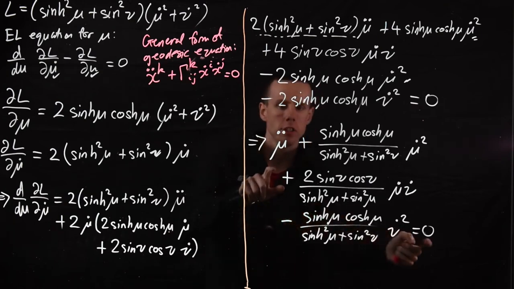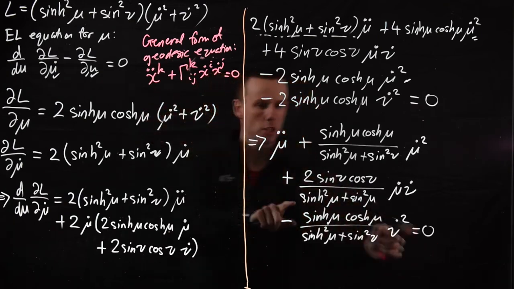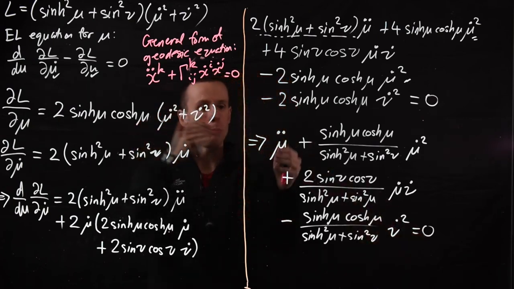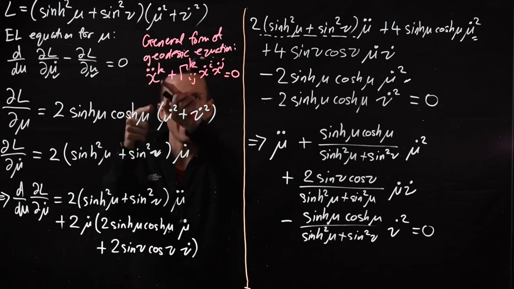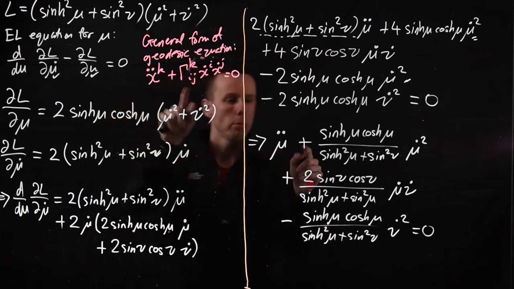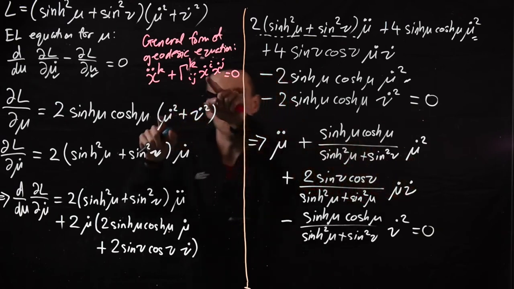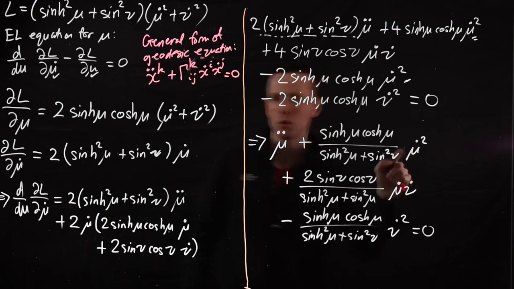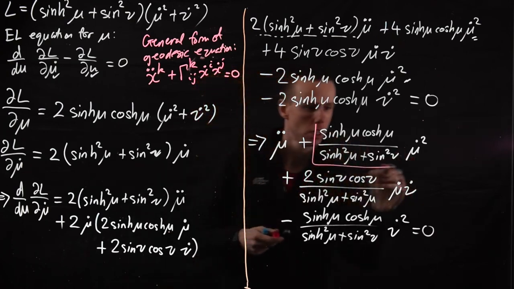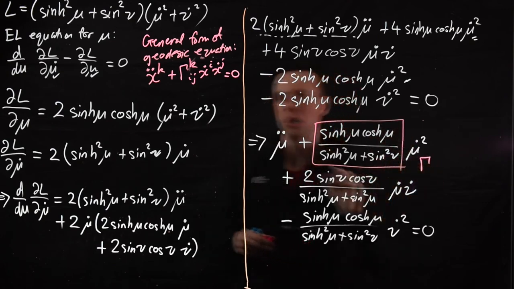And this equation is in this form. So look, it's for the mu coordinate. Okay, so x k is just mu here. So you've got mu double dot plus something times mu dot mu dot. That's what this is. So this is nothing other than gamma.